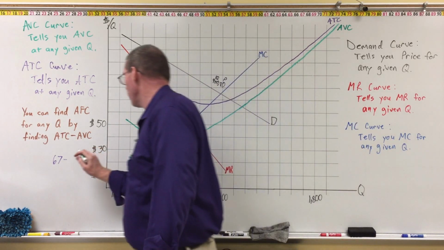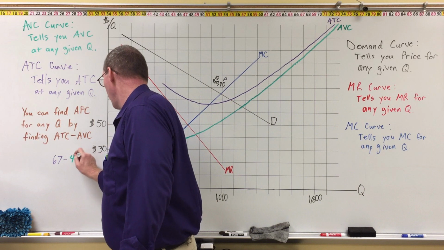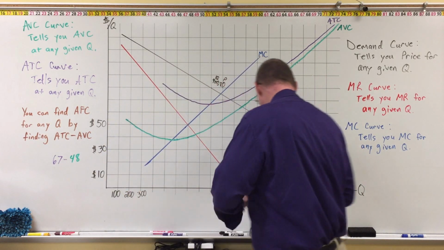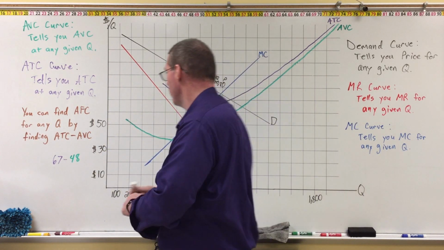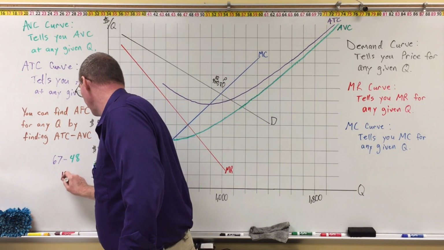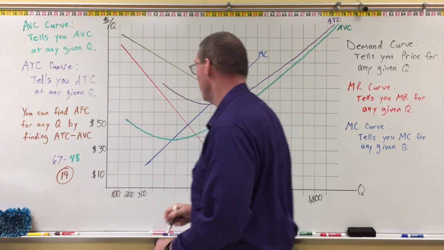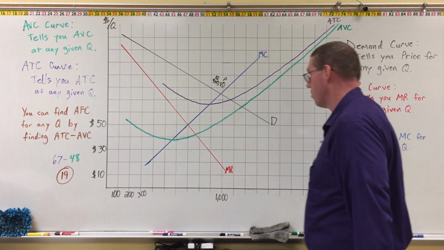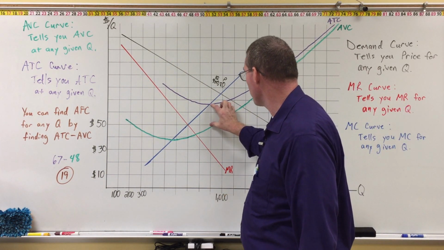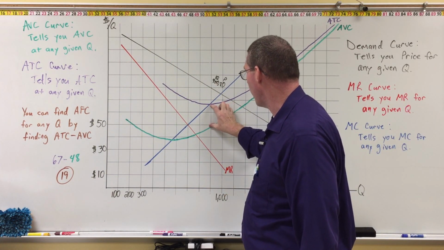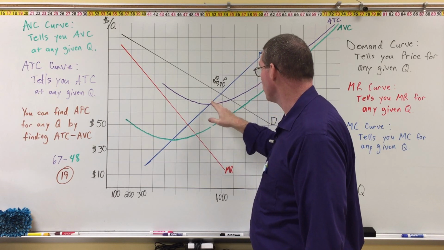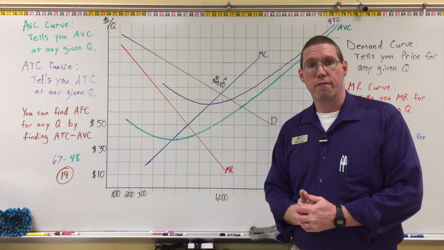So minus 48. And so 67 minus 48, that is 19. And so $19 per unit is the average fixed cost at 900 because all we had to do was subtract the difference between average total cost and average variable cost.